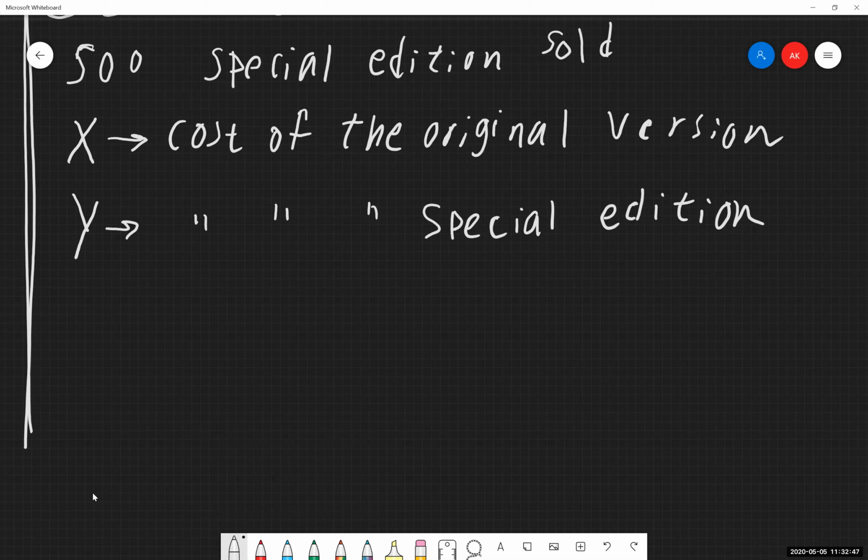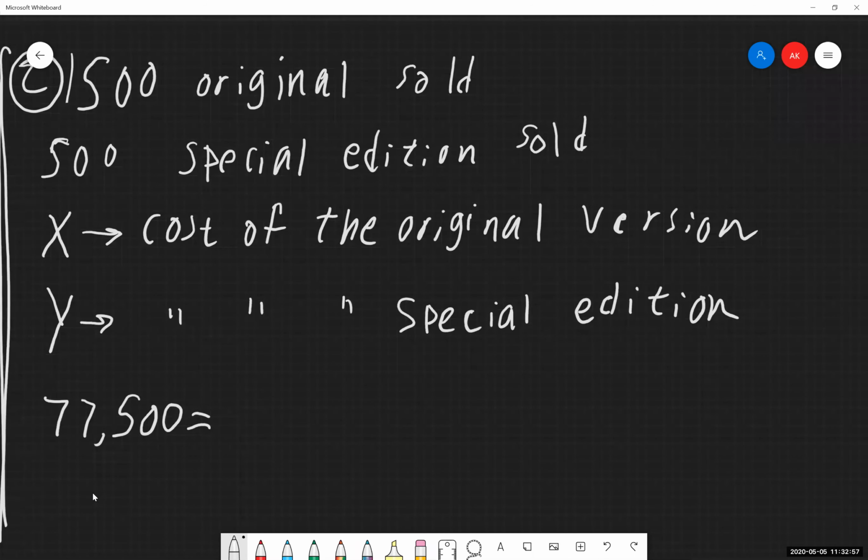So let's translate that into an equation. We know our result should be 77,500. Now setting this thing up, this is where our numbers and variables need to align for ourselves. We have 1,500 of the original sold. And what's the cost that's associated with them? Well, we don't know that, but our variable X tells us what that would be.